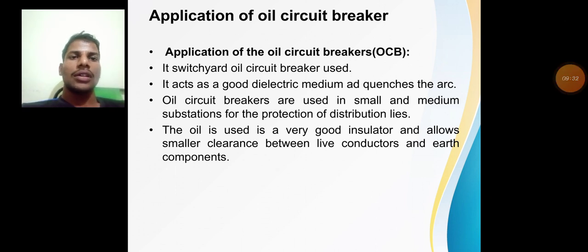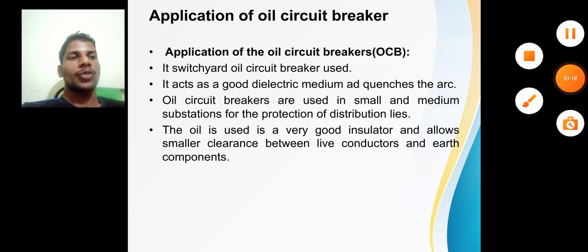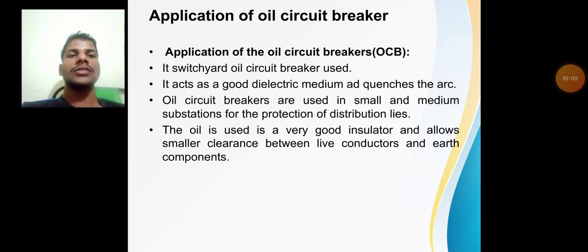Oil circuit breakers are used in small and medium applications for the protection of distribution lines, that is 33 kV and 11 kV or less than 11 kV. The oil is a very good insulator, allowing smaller clearance between conductors and earth components. And this is the topic.